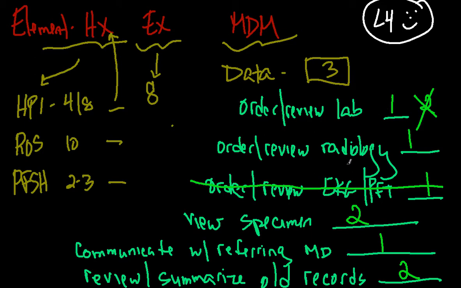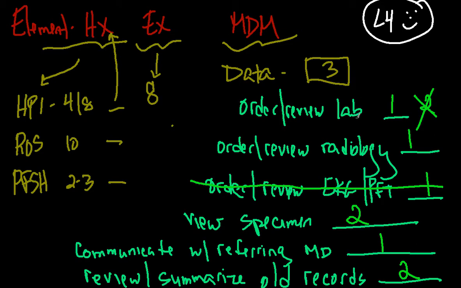You're probably going to order some radiology tests like an ultrasound to look for echogenicity or cortical medullary differentiation, cortical thickness, etc. So that's 1 point. That's 2 points there. And if you view the specimen, that's 4 points. You've made your 3-point minimum for your data component. You may even review and summarize old records because you're looking at a new patient, and so you've easily made your 3-point minimum for your data component.